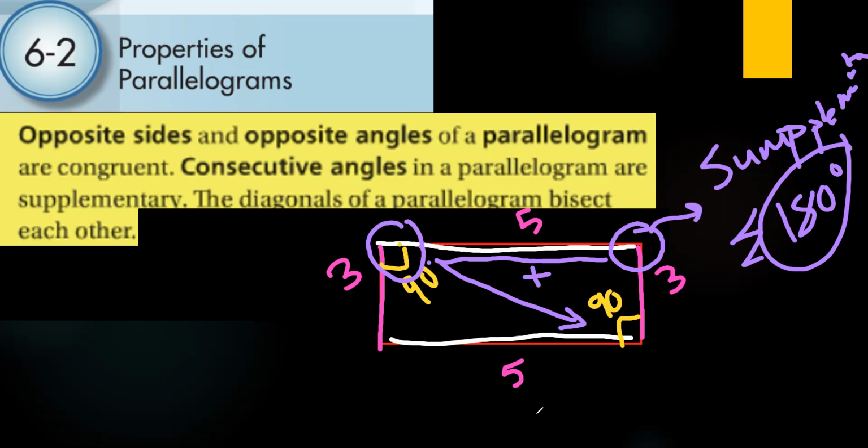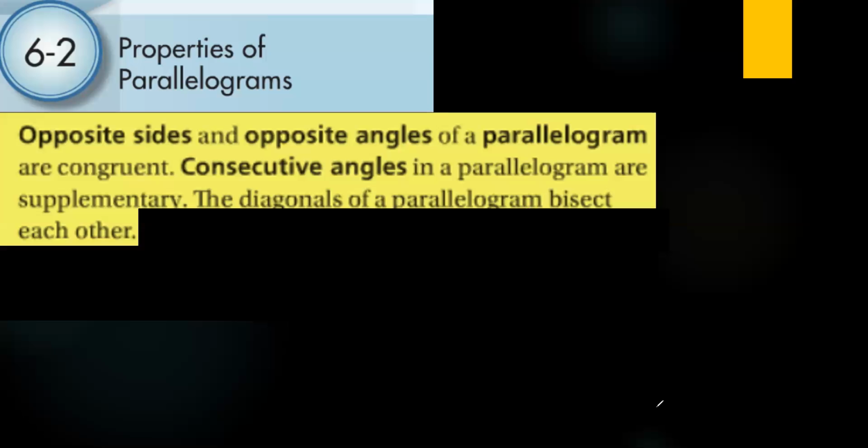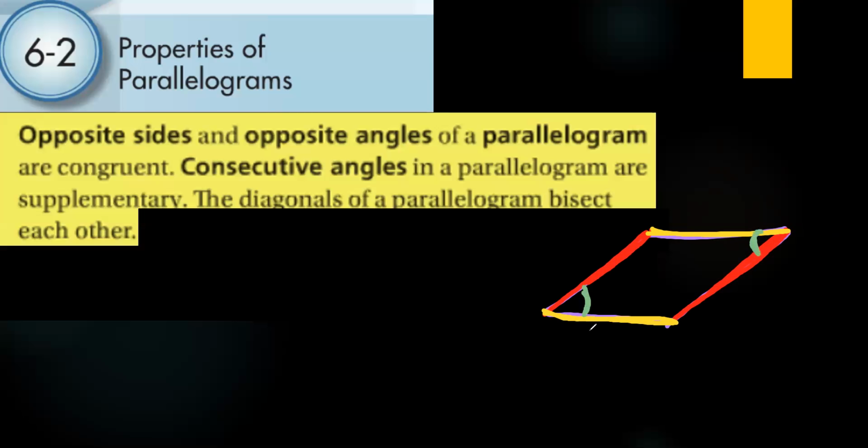And the last thing here, let's repeat it in another way. Here we have this parallelogram. The length of this side is congruent to this side, and this side here is congruent to this side, and this angle is congruent to this angle.